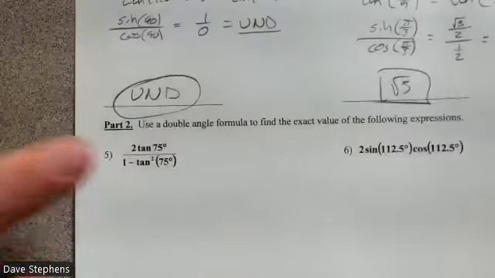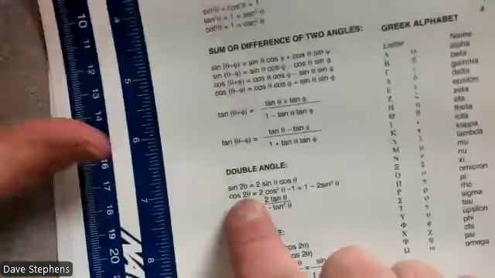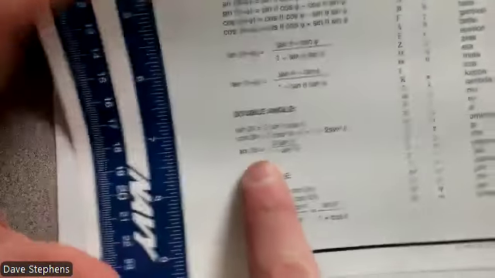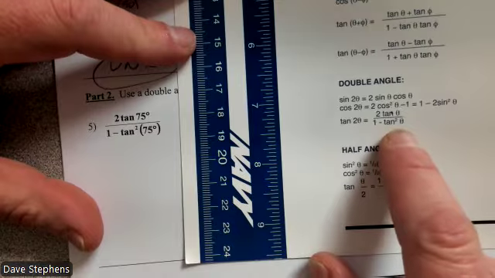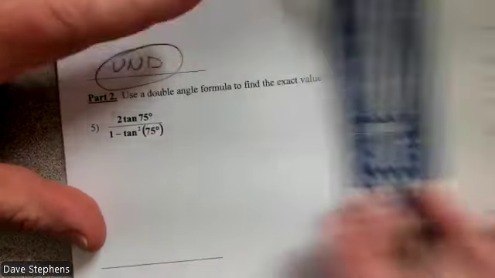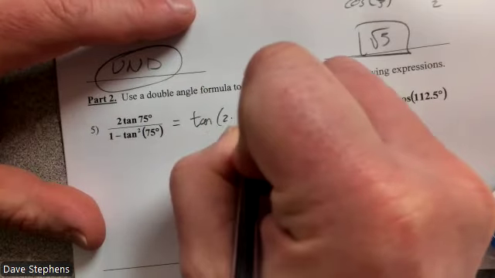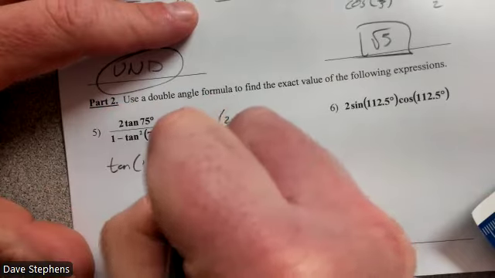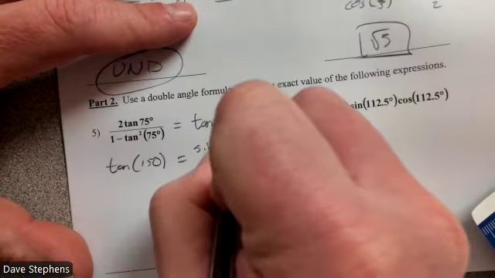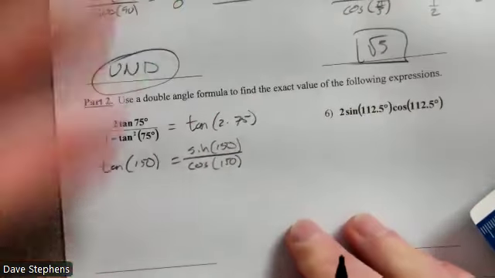All right, so this one's a double angle formula. Use a double angle formula to find this stuff. Okay, so double angle tangent here, right? That's 2 tangent 75 over 1 minus tangent squared 75. Okay, so this all turns into the tangent of 2 times 75. So the tangent of 150 equal to the sine of 150 over the cosine of 150.